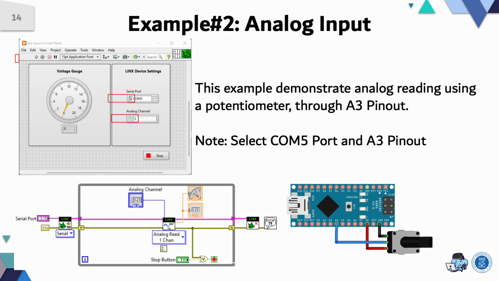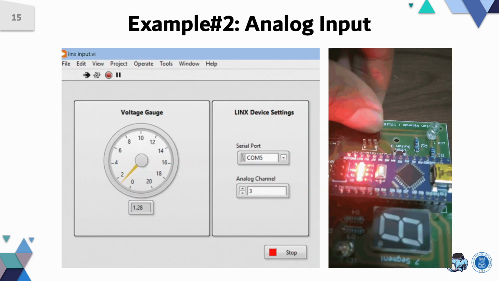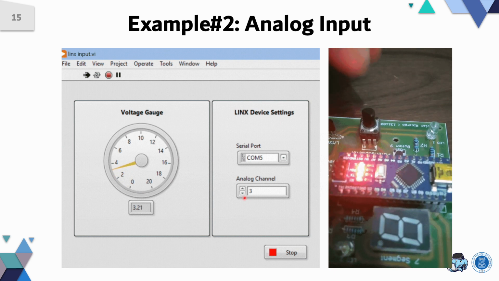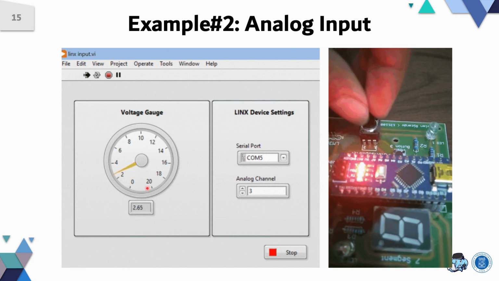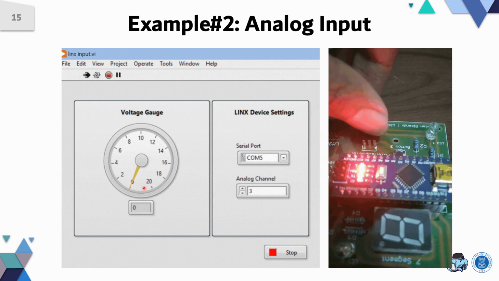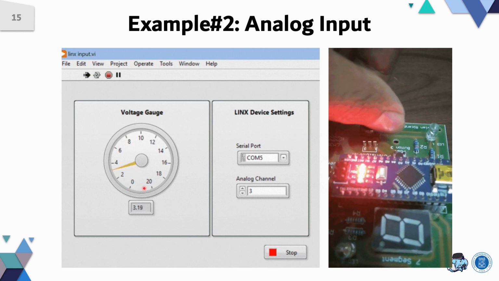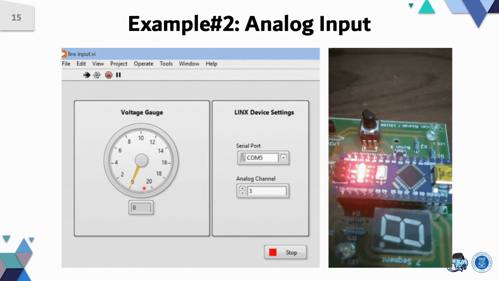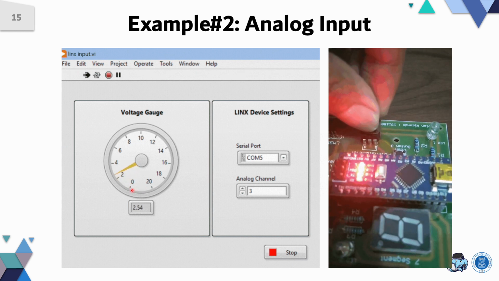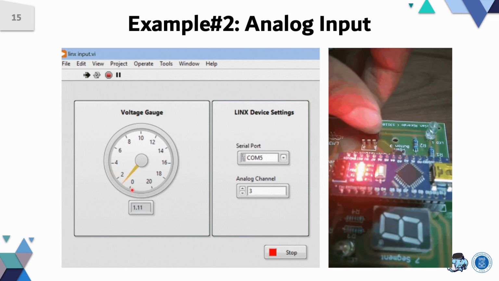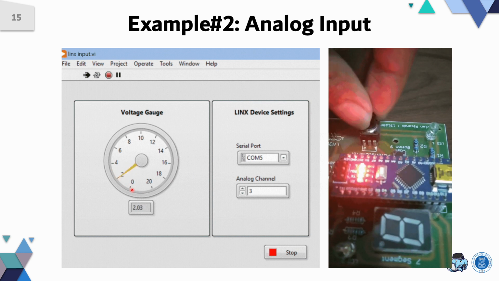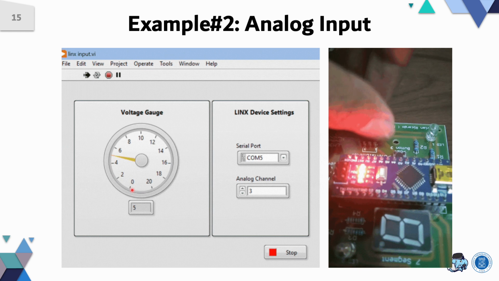Here is the demonstration. This gauge precisely represents the angular position of the potentiometer, but here I'm showing you the data in the form of voltage, starting from 0 up to 5 volts.